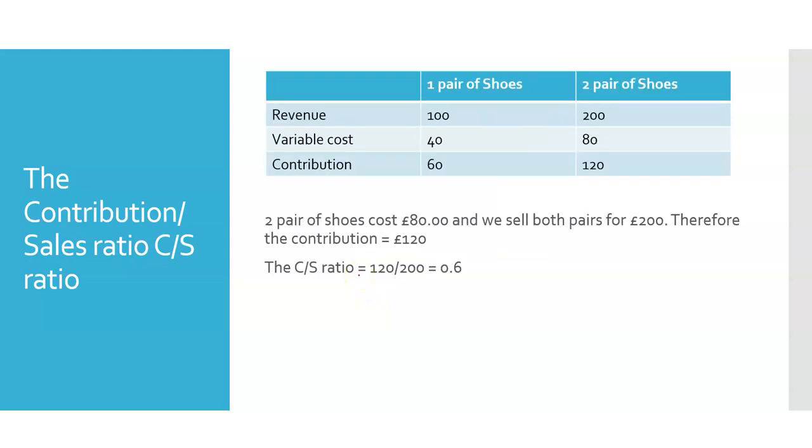Now, I extend this and say, okay, listen, what if you're selling 2 pairs of shoes? You now have 100, then you have 200. Here we have 200, variable cost of 80, leaving you with a contribution of 120. So 2 pairs of shoes cost 80, we sell both pairs for 200.